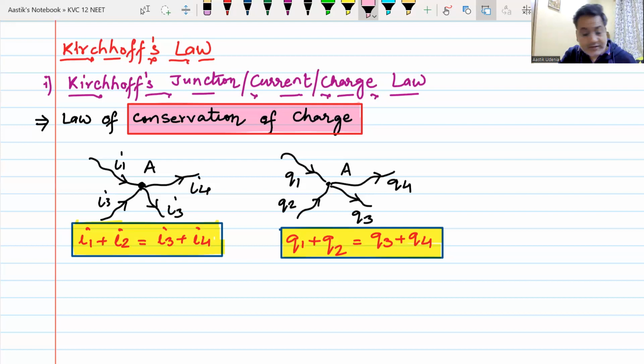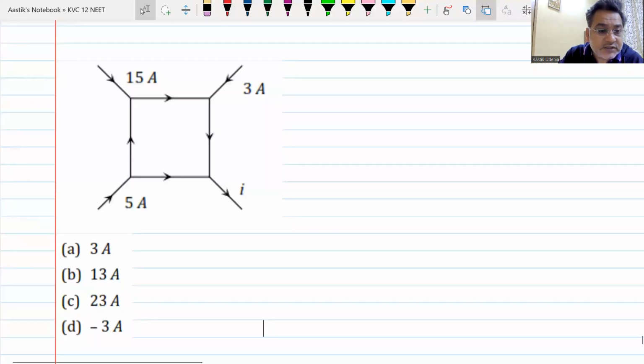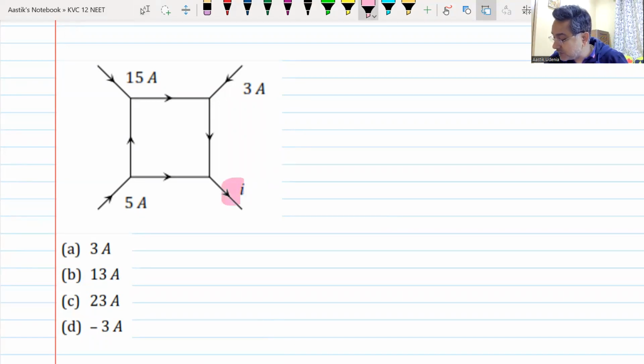This is the question. You have to find out the value of I, which is the current here. I'll give you 2 minutes to give me the answer for this one. It's a simple question from one of your previous years. Let me know once you get an answer.